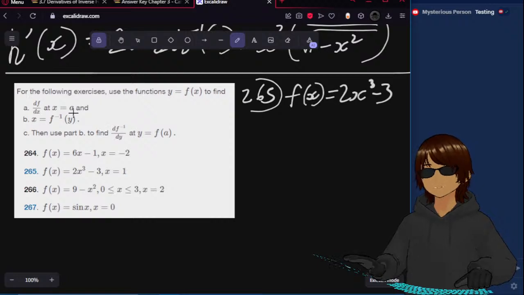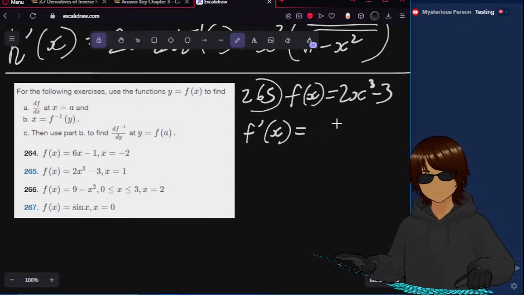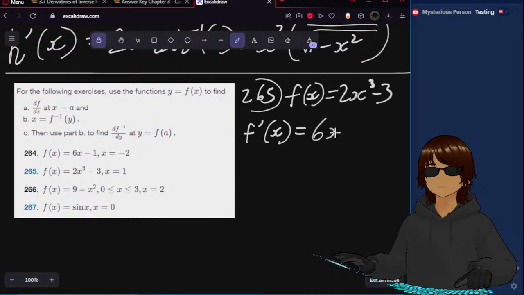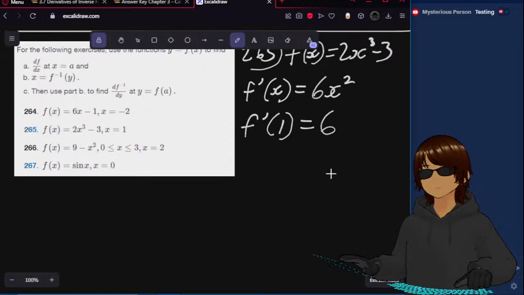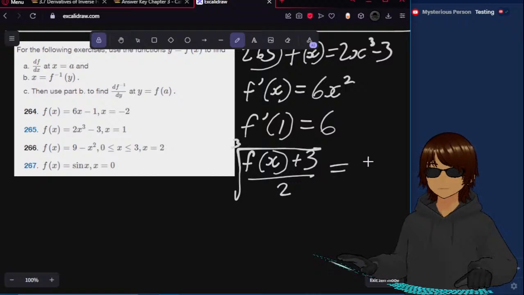So we are finding the derivative at 1. Times 3 is 6. And then at 1 it's just 6. Now we are finding the inverse. So this is correct.